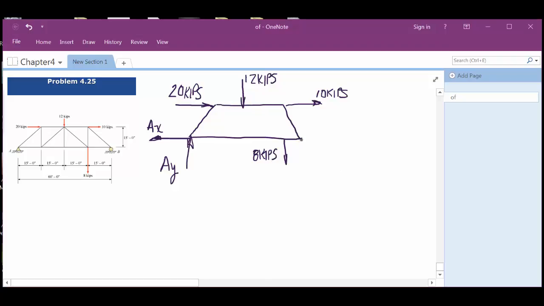And then we've got BY. Big BY. Really, really big BY. You're going to like that BY. Bx equals 0. Again, it's on a roller. We know this distance to be 15 feet, right?